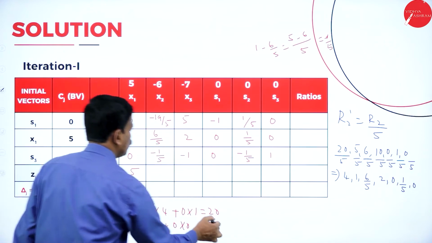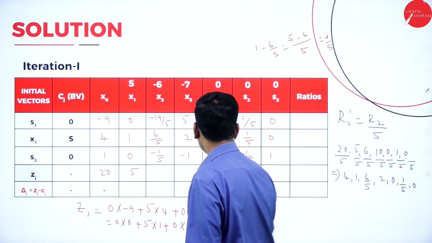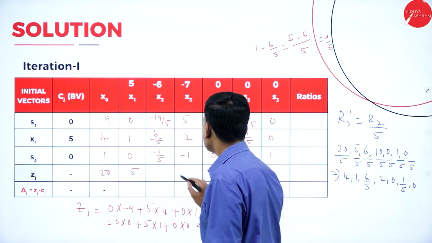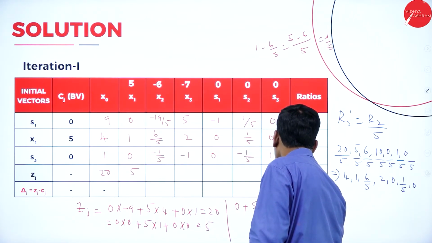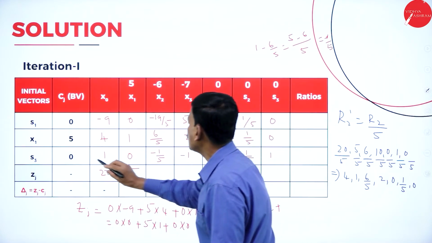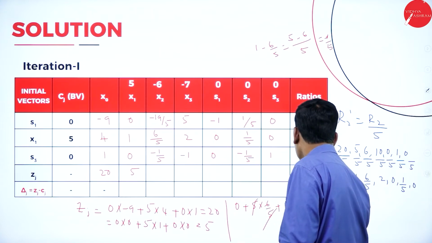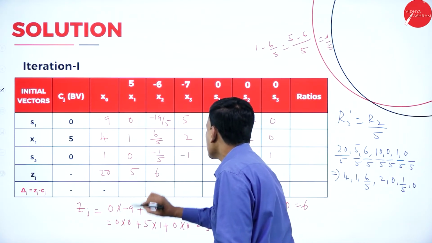Again 0 into 19 by 5, this element 0 into 19 by 5 is 0 plus 5 gets cancelled, 5 into 6 by 5 plus 0 into minus 1 by 5 is 0. Here 5 gets cancelled, this is 6.